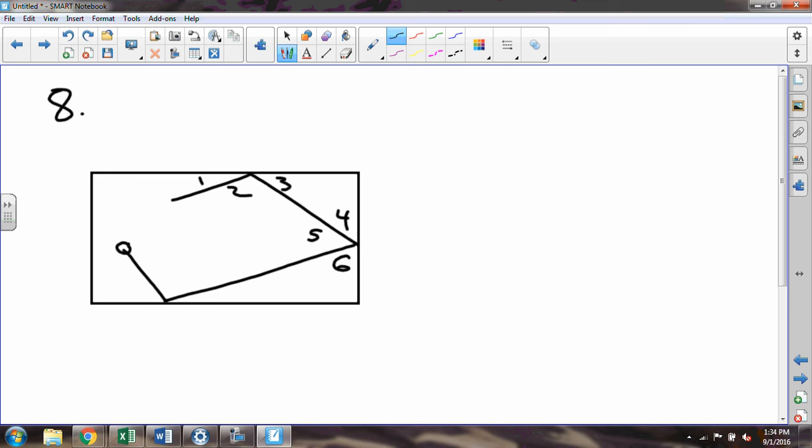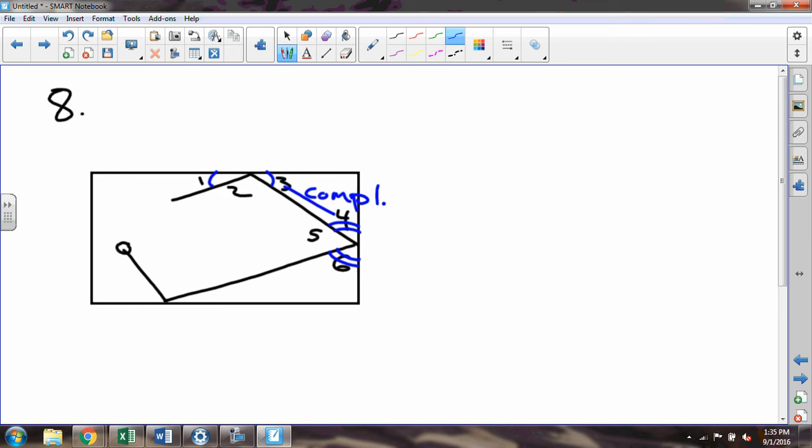A billiard ball bounces off the sides of a rectangular billiards table in such a way that, I'm going to use my tick arcs to help record things, angle 1 is congruent to angle 3. Angle 4 is congruent to angle 6. Angles 3 and 4 are complementary.